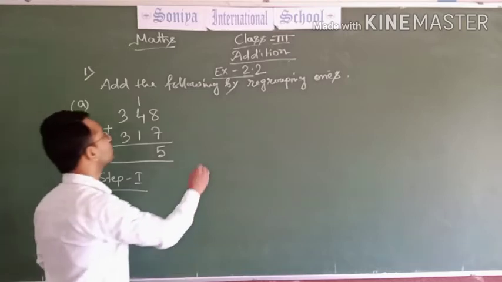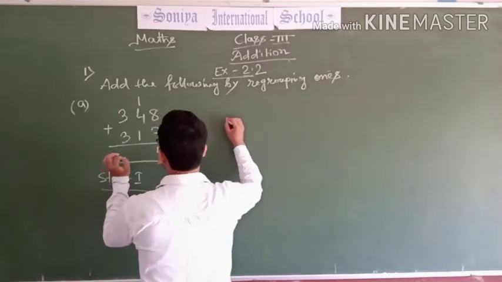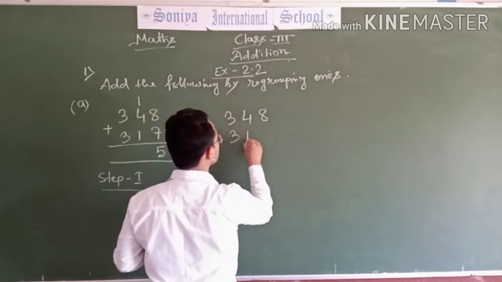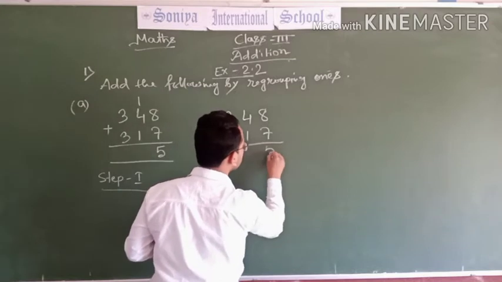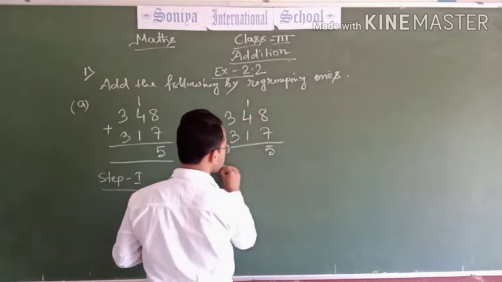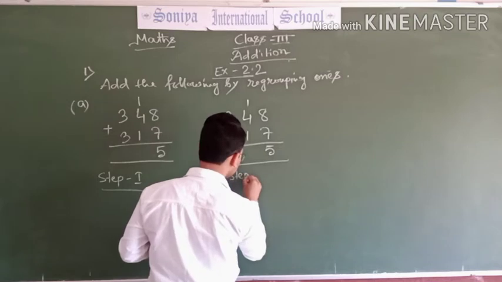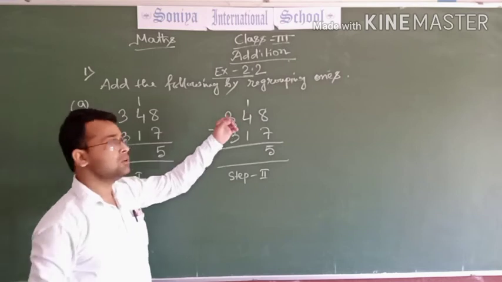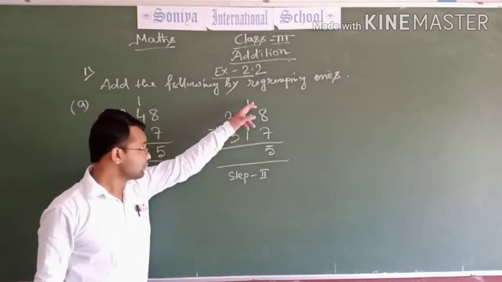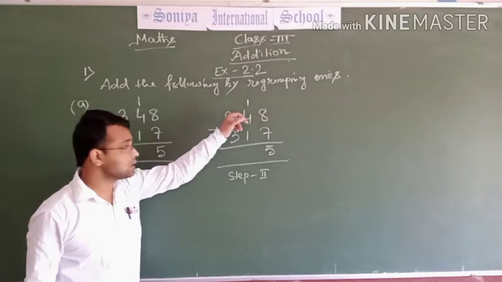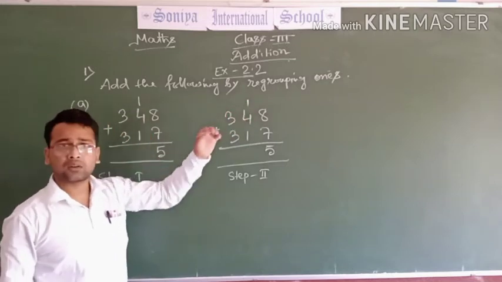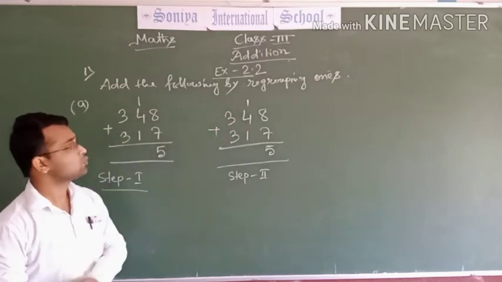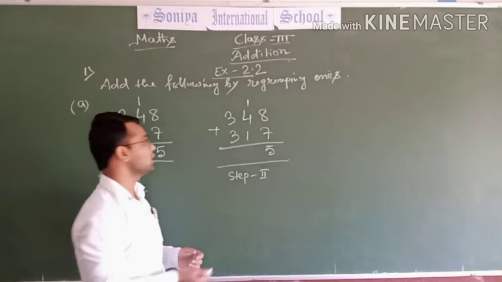Next is step 2. From step 1 we got 5 here and 1 carried there. Now step 2: add all the tens places of the numbers. 4 and 1 is 5, and 1 is 6.